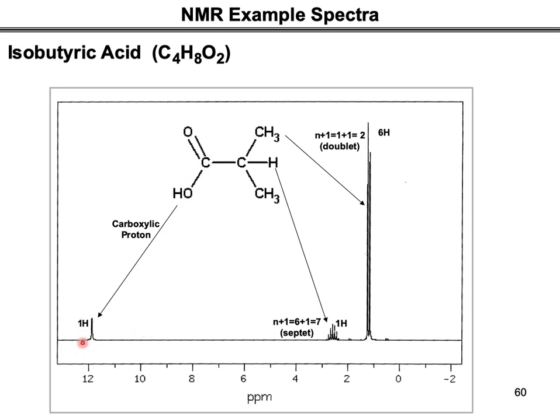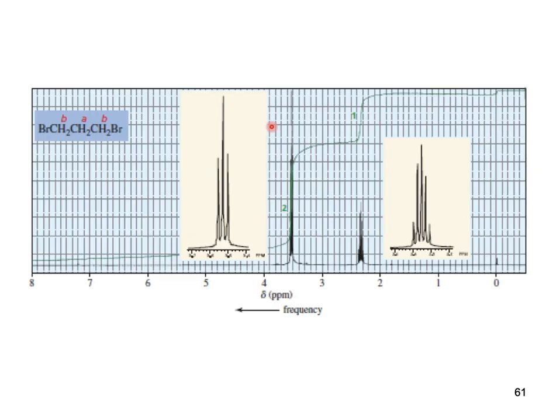So these things you have to define in case of explaining the NMR spectrum of any compound. So this is the spectrum of this dibromopropane. How many different types of proton? A and B, two different types of proton.